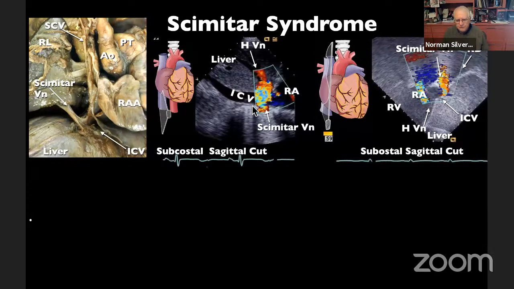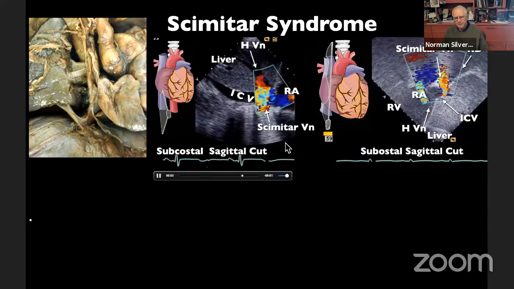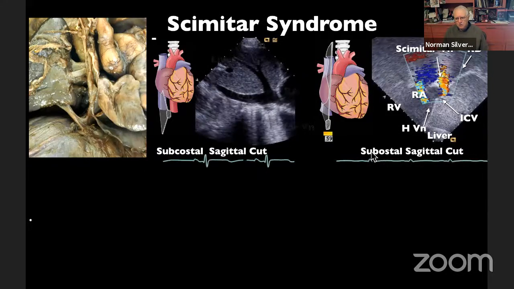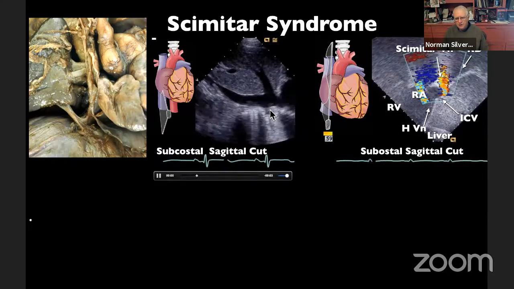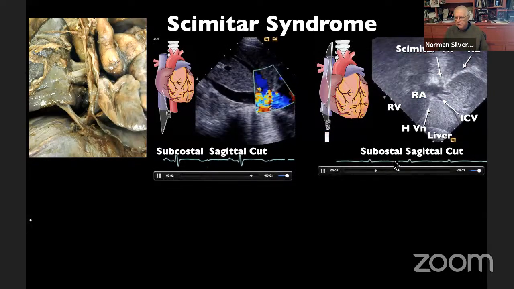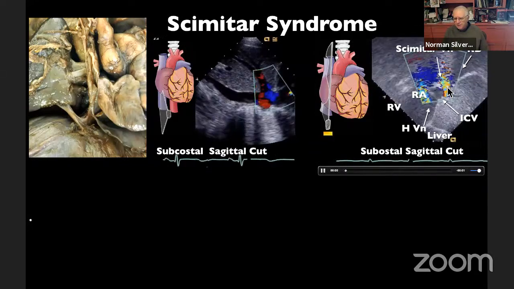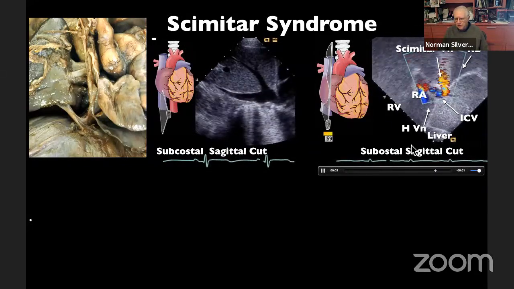But when there is a Scimitar Syndrome, the venous drainage goes from the pulmonary vein directly into this supradiaphragmatic portion of the inferior vena cava. And there you see very clearly from this position, and you can even orient this in an anatomic position to show the vein coming down in a sagittal position here.